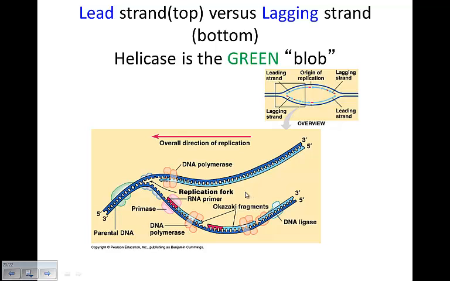So this side of the fork has to wait for this long segment of DNA to be exposed before we start by adding a primer. So when a long segment's been opened by the helicase, making the bubble, the RNA primer, which is disposable, is going to attach, and then DNA polymerase 3 will work backwards by making what's called Okazaki fragments. So these fragments, these chunks, so instead of one at a time, you're making these Okazaki fragments.